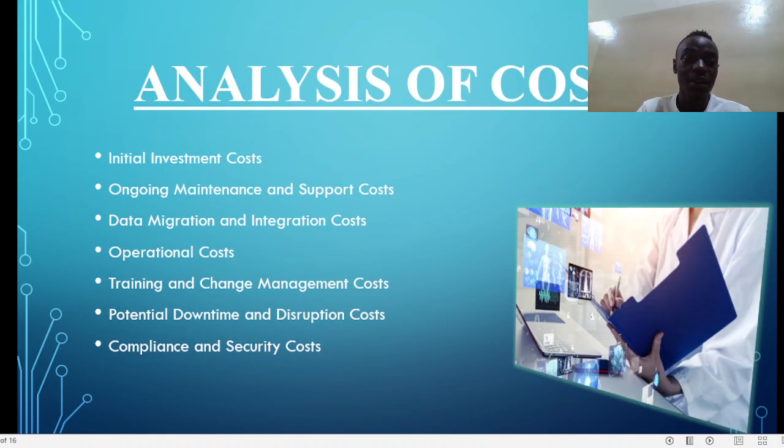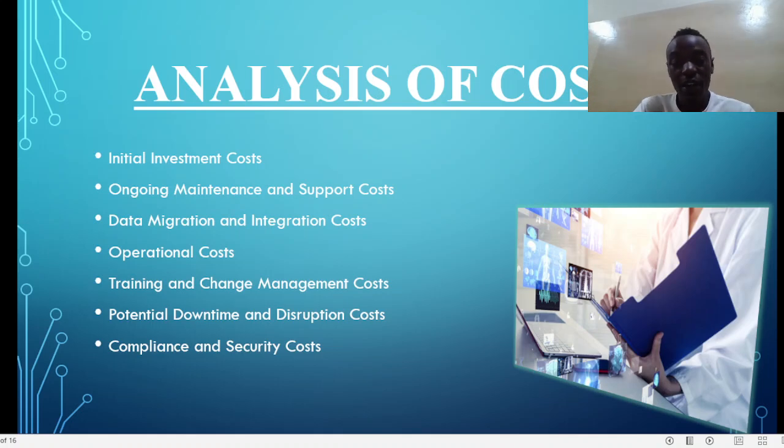My next slide is about an analysis of costs. My first reason will be initial investment costs. This includes expenses such as software licensing, hardware acquisition, implementation and customization costs, training for staff, and any consultation services required to set up the project.